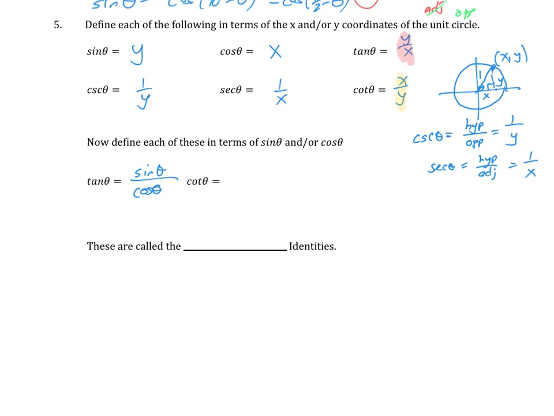So we have x over y, but x is going to be cosine theta over sine theta. And these two identities are called quotient identities because we have one trig function divided by another.